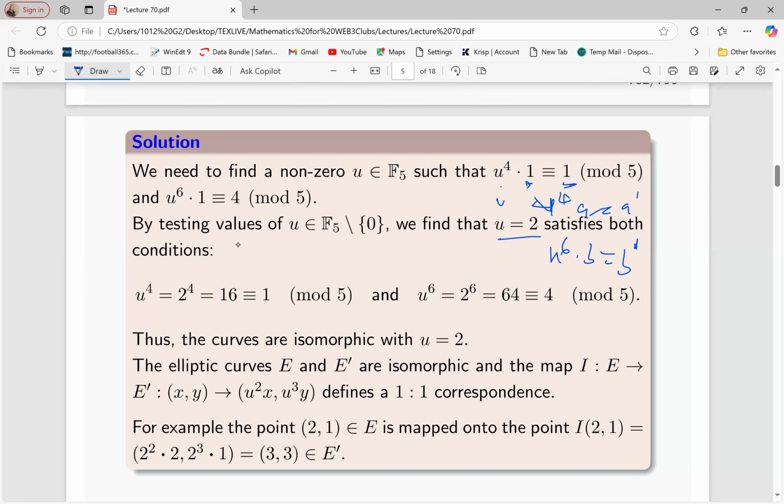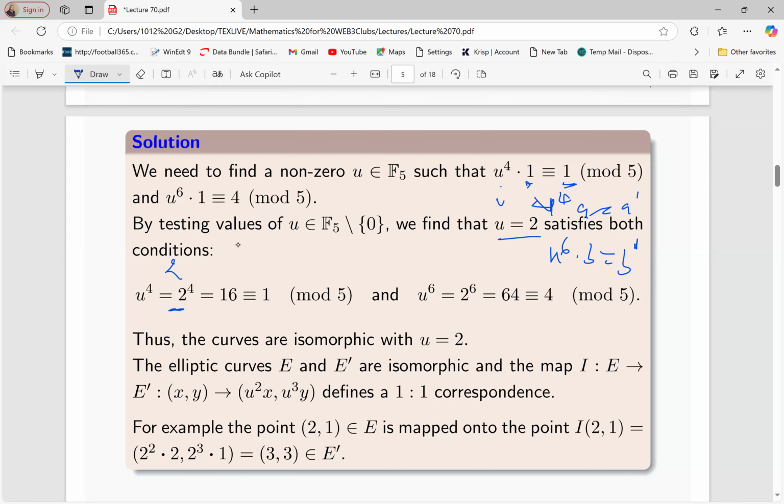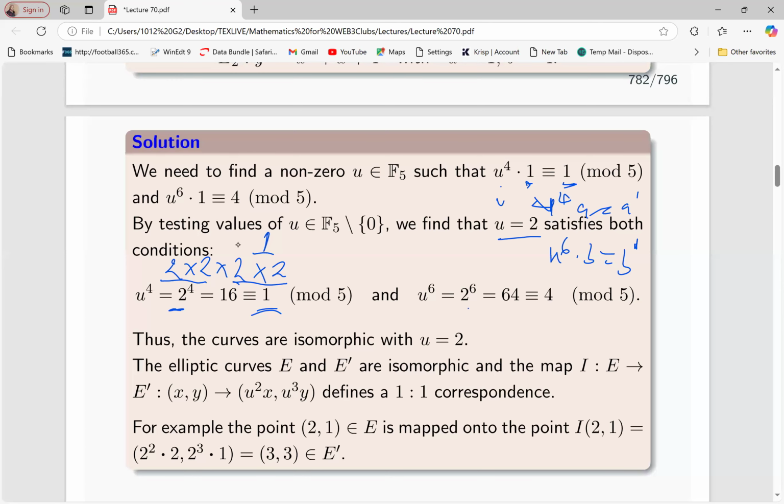Let's see. 2 raised to 4. Okay, it must be the smallest u. 2 raised to 4. This is 4 times 4. Mod 5, this would be 1. Yeah, that is 1. What about u raised to 6? Let's again try. I did not try it properly. 2 raised to 6. 1, 2, 3, 4, 5, 6.